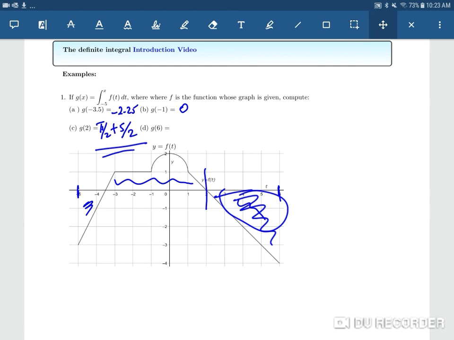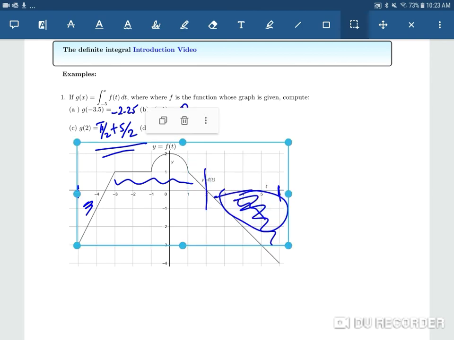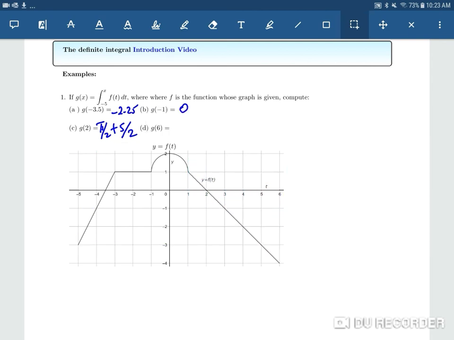All right, so let me see if I can clean up a little. And now this is a 4 by 4 triangle, so it's 1/2 by 4 by 4. That's 8 square units. So this integral is -8 units.